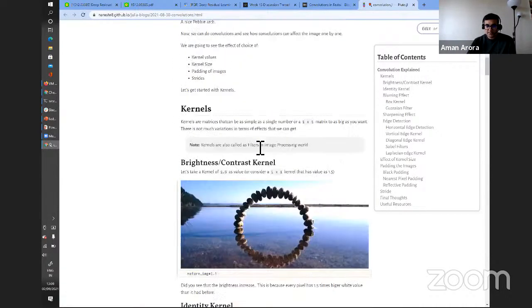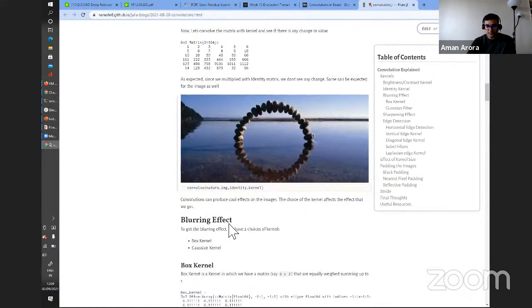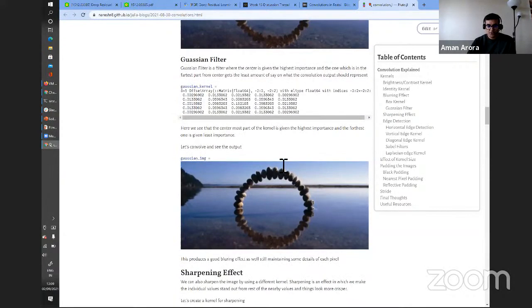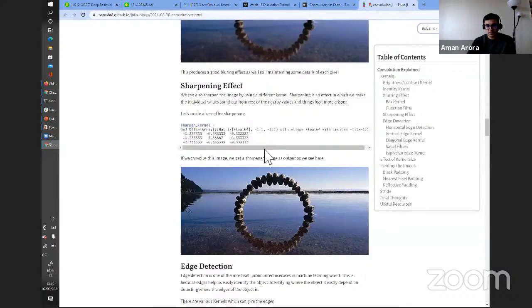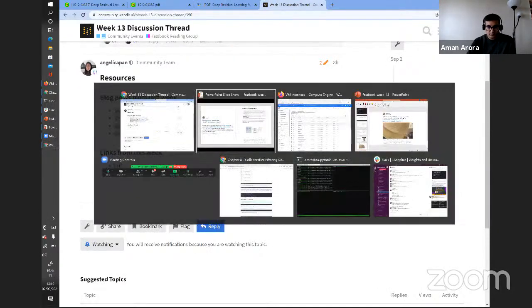The reason I really like this is it also explains all these kernels that we discussed last week. You can see the blurring effect, the box kernel, Gaussian, sharpening. There are all these different kernels that Naresh has pointed out. So I really like that blog post as well.